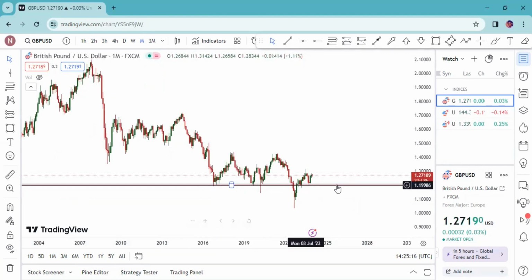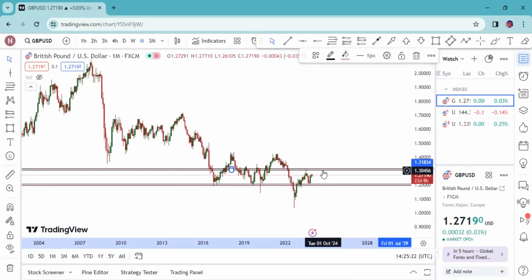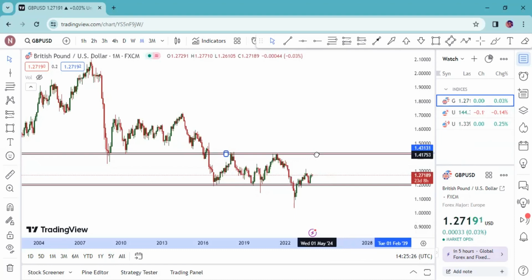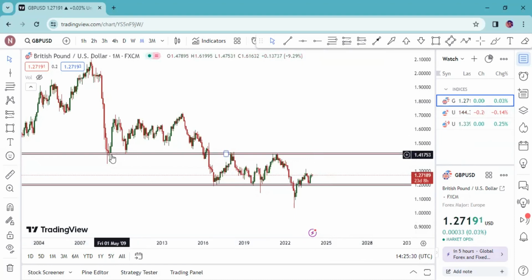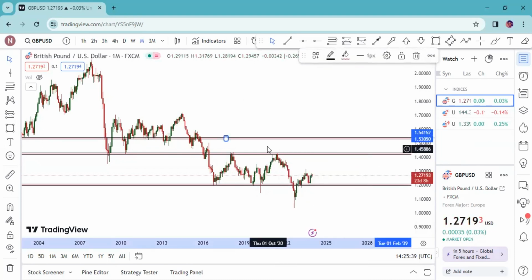So this is a level. Now I clone and draw my second level here. The market respected here, 2, 3, 4, 5. That is a level. Another level here.